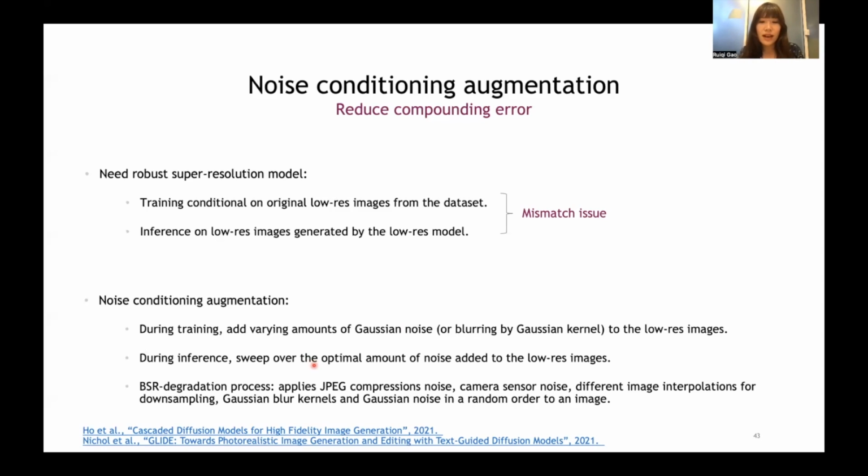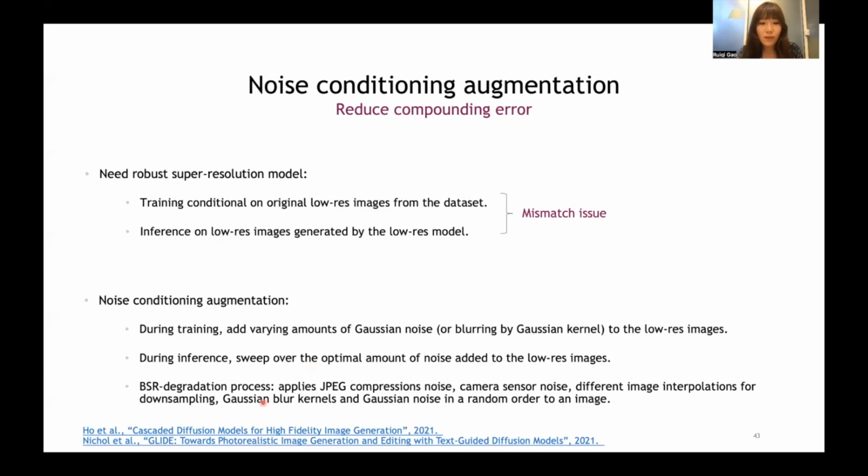So the hypothesis is that if we reduce a certain amount of information from the condition, then the super resolution model will be trained to be more robust to different types of artifacts when we feed it generated samples as conditions.